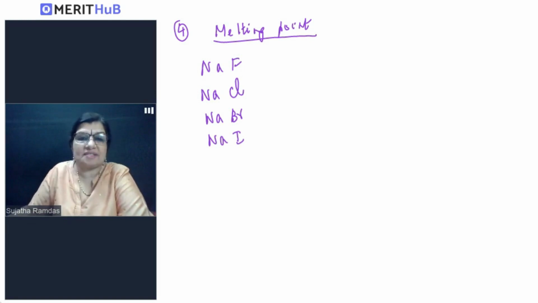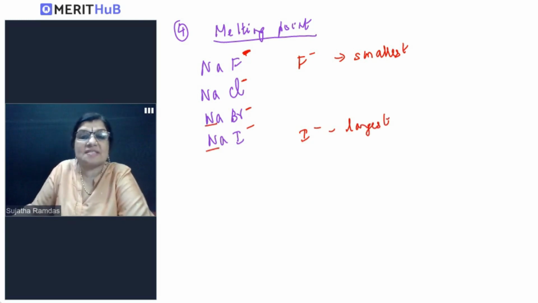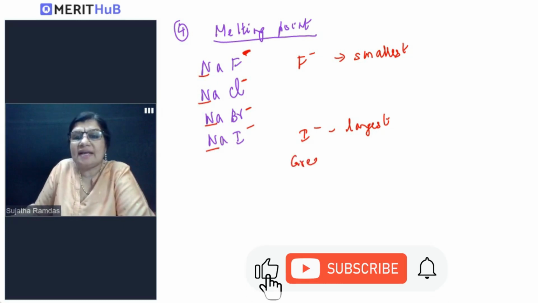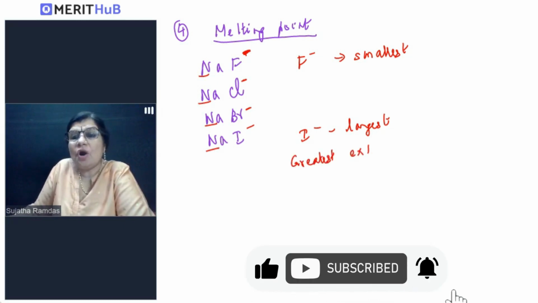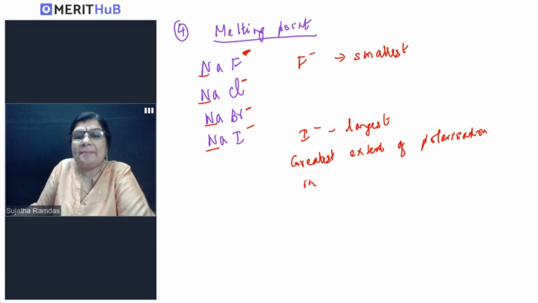Sodium ion is fixed, but you notice that the size of the fluoride ion is the smallest, whereas as we move from fluoride ion to iodide ion, the size of the anion increases for the same fixed small cation. So because of the largest size of the iodide ion, there is the greatest extent of polarization in sodium iodide.